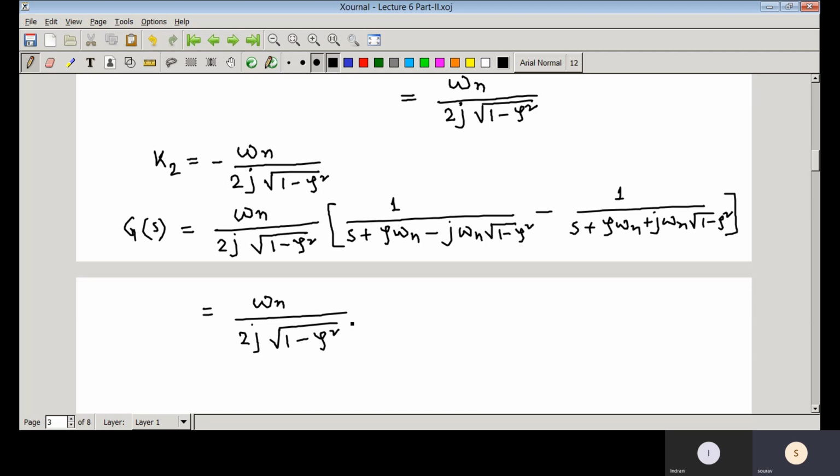Now apply the inverse Laplace transform.